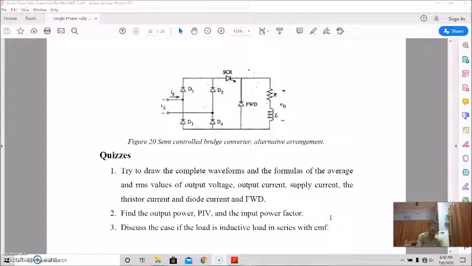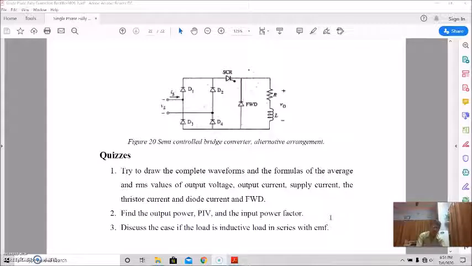Not only that, whenever you draw the complete waveforms, you have to give the output voltage waveform, output current waveform, freewheeling diode waveform, the thyristor voltage and current, then for every diode, that is diode 1, 2, 3, 4, their current profiles, and then also the freewheeling diode. And then you have to find the average and RMS values of the output voltage, output current, supply current, thyristor current, diode current, and freewheeling diode current. That's what I am telling.